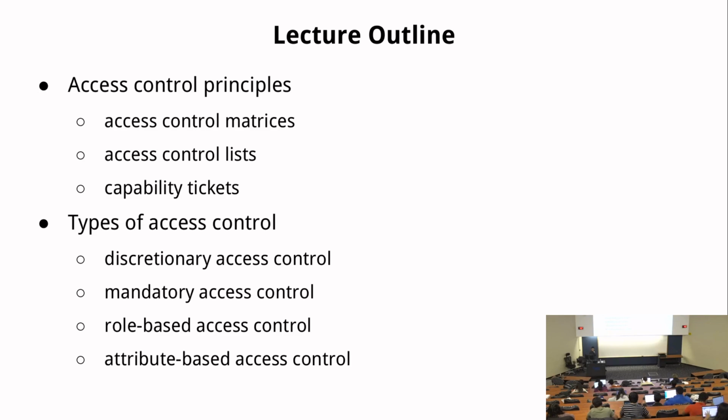In 2 sessions, we will talk about some access control principles, some access control technologies, and different access control models. For example, access control matrix, access control list, capability tickets. Different models: discretionary access control, mandatory access control, role-based access control, and also the most recent attribute-based access control model.